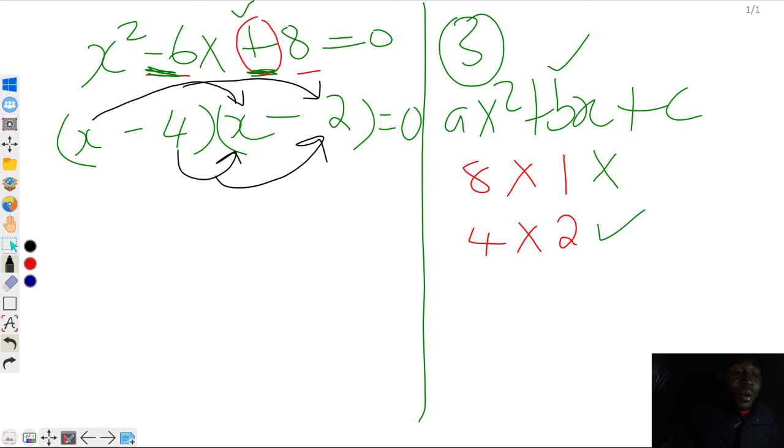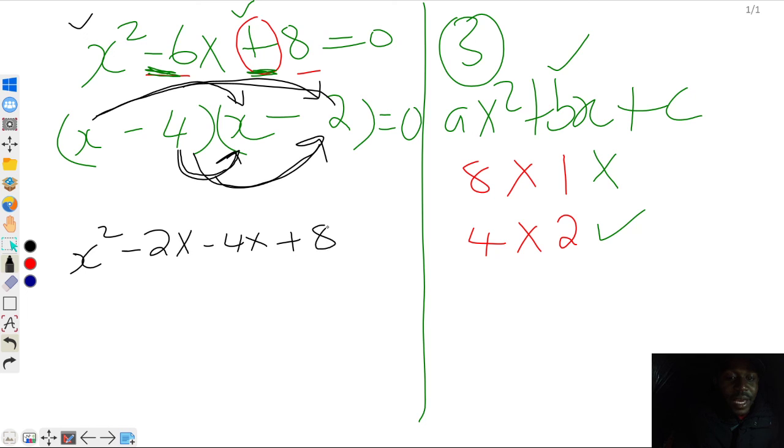We begin with x times x. We get x squared. That matches. The x goes to the 2, we get negative 2x. Now we distribute the 4. We get 4x. We distribute the 4 again to the 2, that is a positive 8.